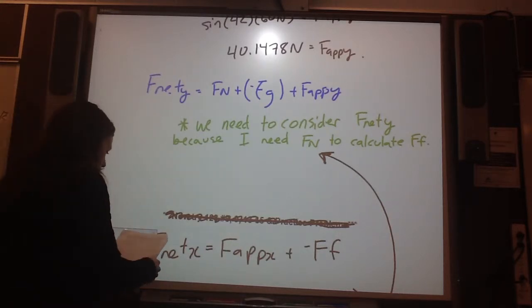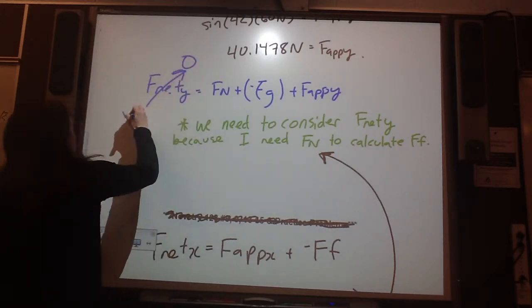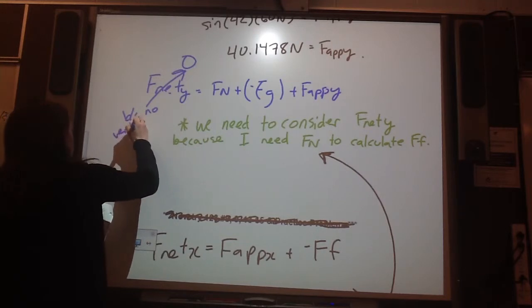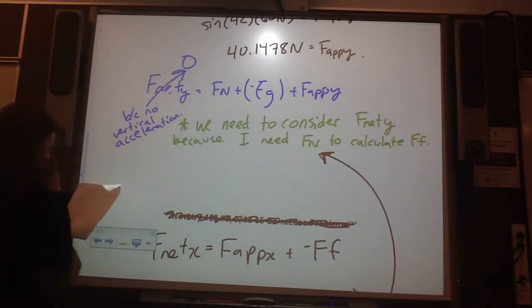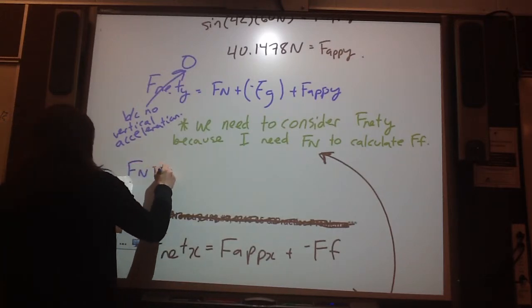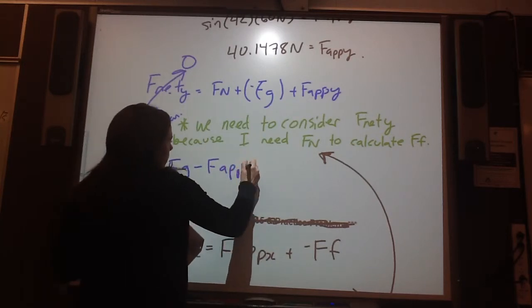So now, yeah, we set F net to 0 because there's no vertical acceleration. It's not accelerating up or down. So then we can say Fn is equal to Fg minus F_app y.